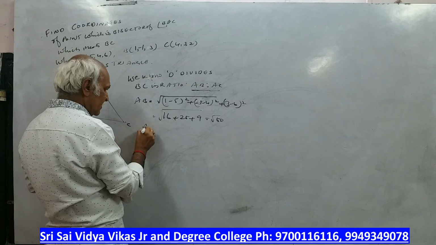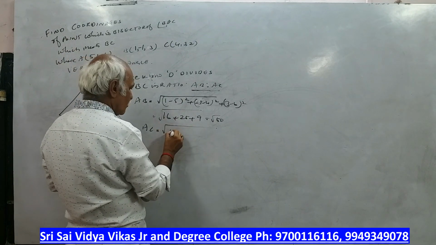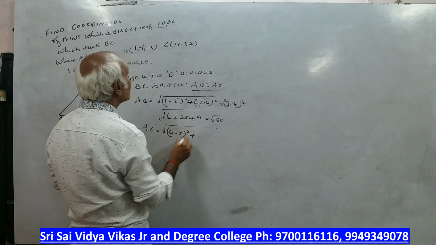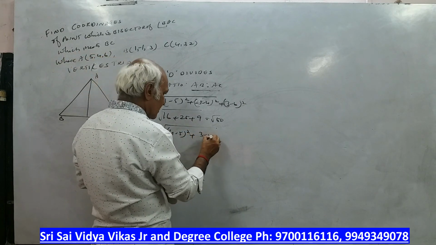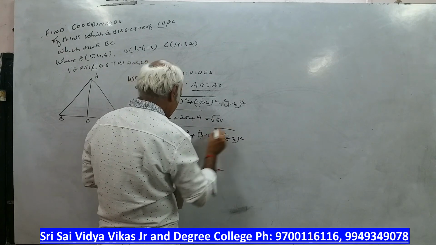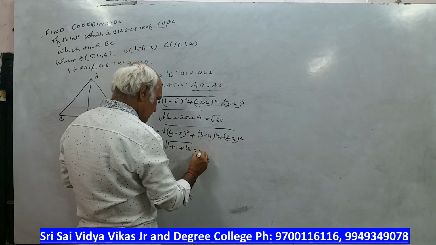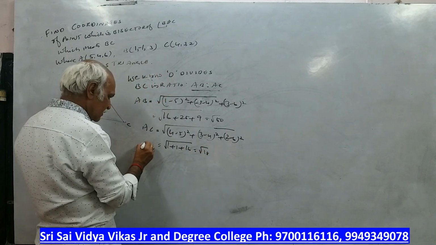Next AC: root of 4 minus 5 whole square plus 3 minus 4 whole square plus 2 minus 6 whole square, 1 plus 1 plus 16, which gives root 18.